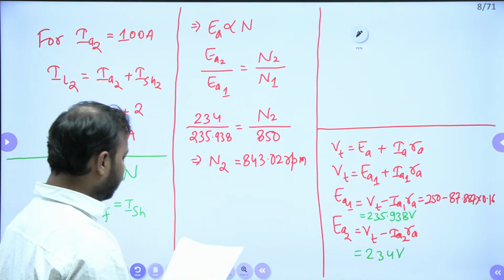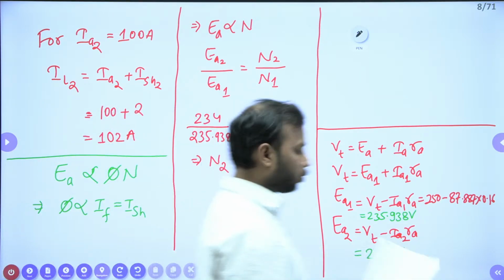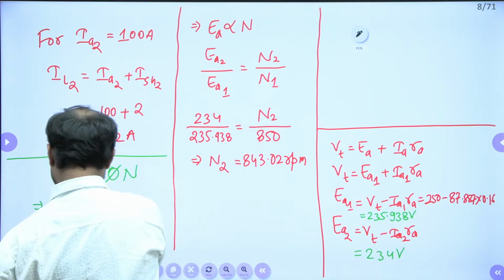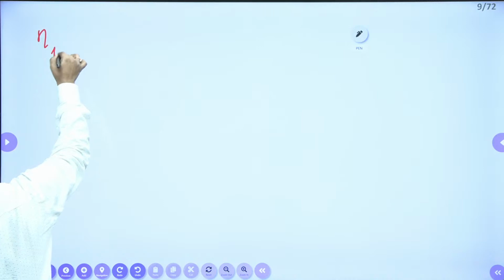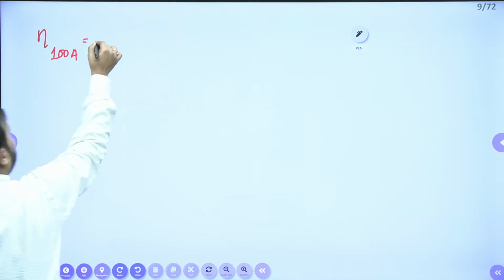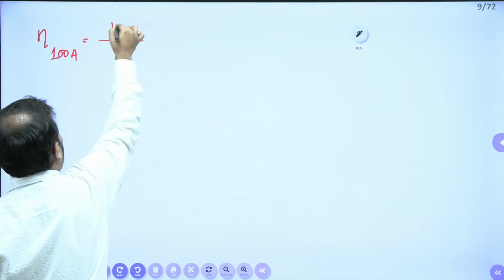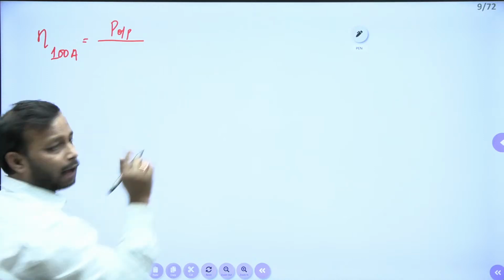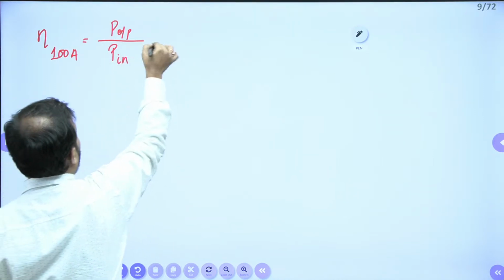Now what next? We need to find the efficiency at 100 ampere. So I want my output at 100 ampere, meaning the armature current, and input at this 100 ampere, into 100%.